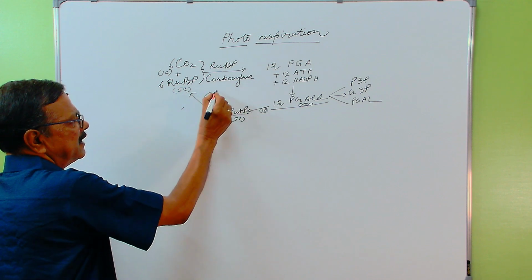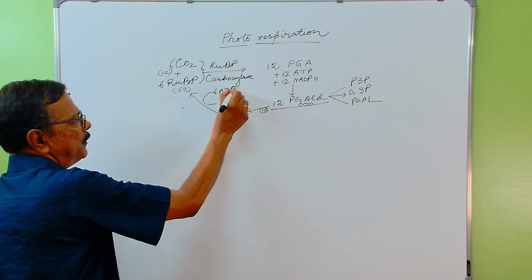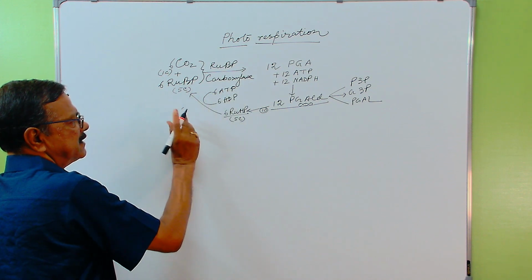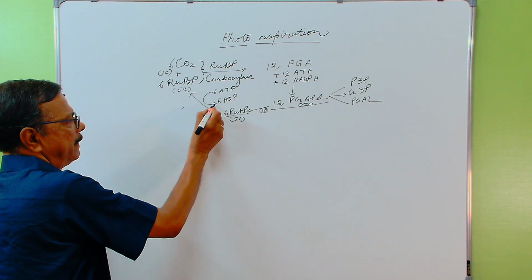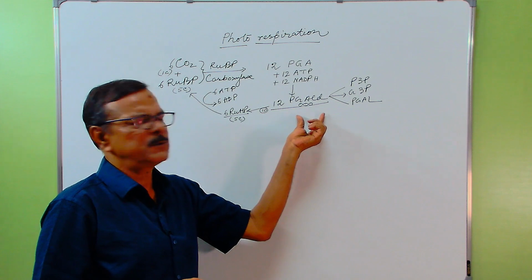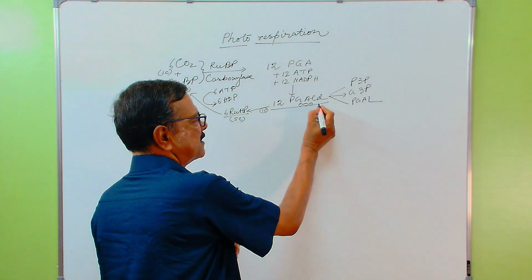So for 6, ATP is used to produce 6 ADP. And here we are left with 2 PGAL, that is 3 plus 3, 6.